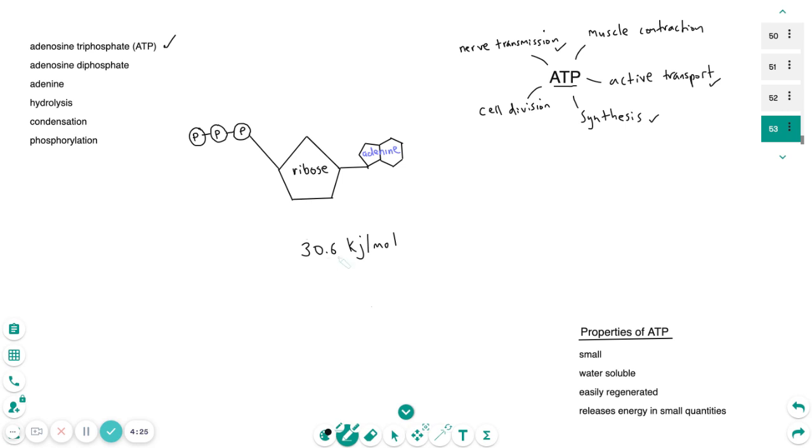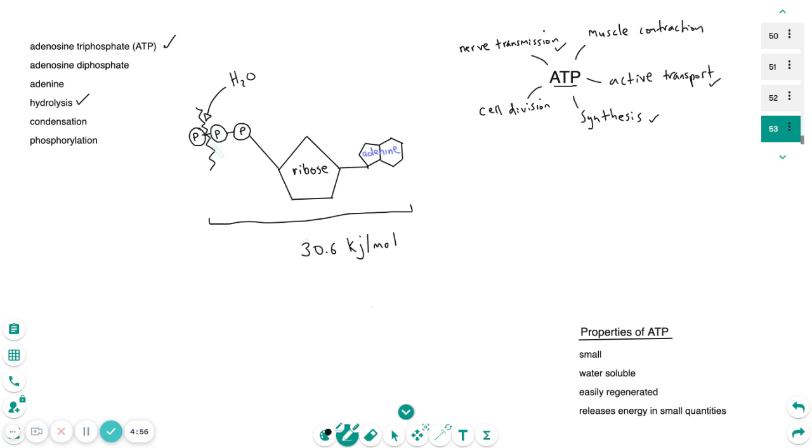So how does this work? Well, there's our ATP, it's got the 3 phosphates. In order to get the energy from it, this final phosphate is going to be hydrolyzed, which means water has been added to that bond and it's breaking it.